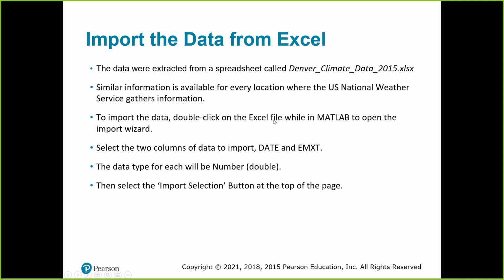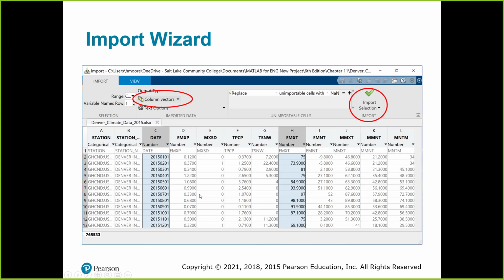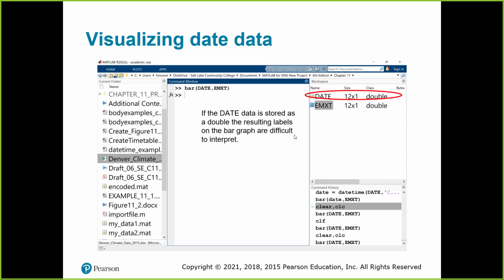You double click on the Excel file in the current window, and go through the import wizard, do column vectors, import. You can select which data columns you want to import, so just taking the date and this, because that's what the problem was asking for, and then import them into MATLAB, and then they're there. Look at that, wow, that's cool. So you don't have to import the whole thing, just what you want.